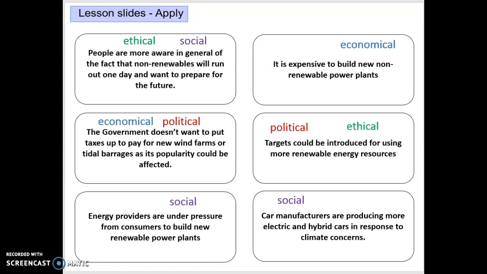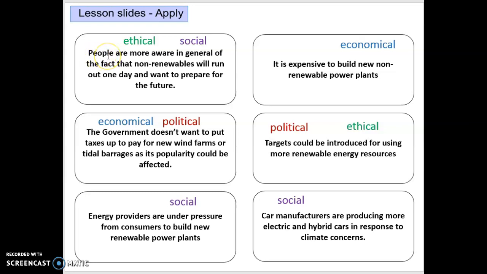Okay, so I hope you had time to look at both of those. Now, some of these may be up for debate, but for example, when we're talking about if it was expensive to build non-renewable power plants, well, that's a cost implication there, so that's got an economic aspect. Whereas on this one here, people are more aware in general of the fact that non-renewables will run out one day and want to prepare for the future. So we're talking about social aspects here.